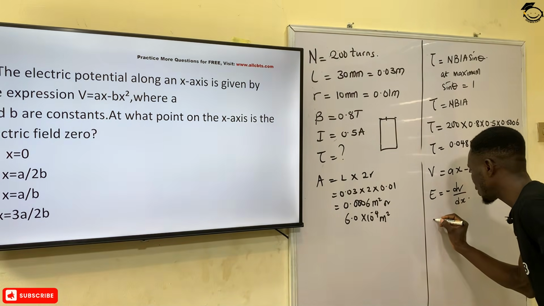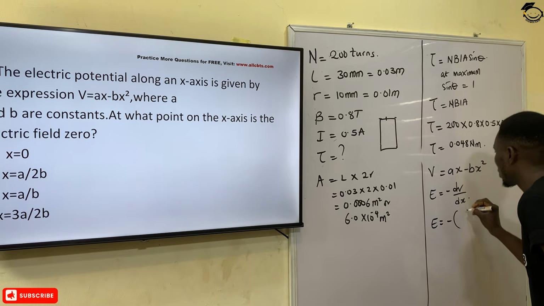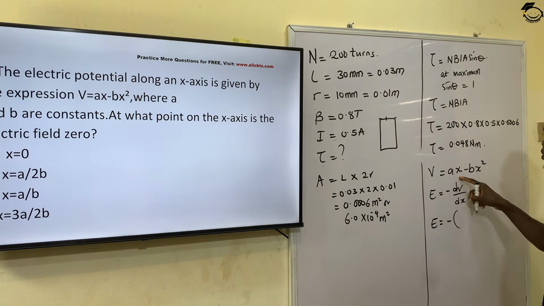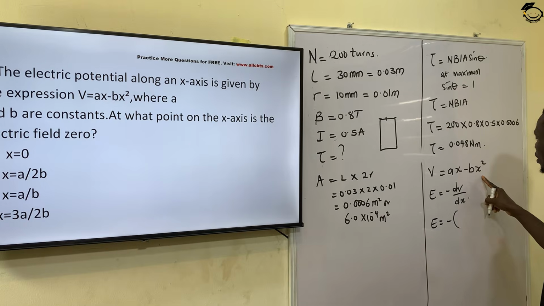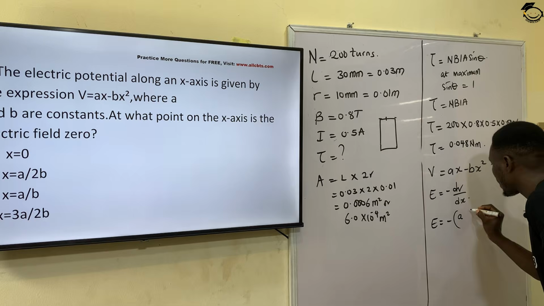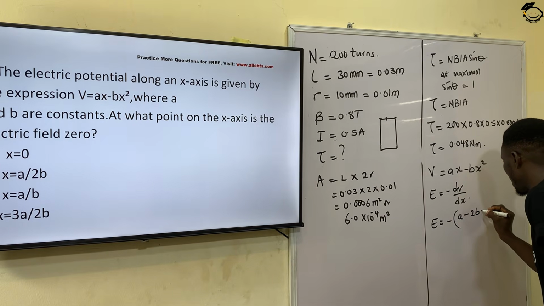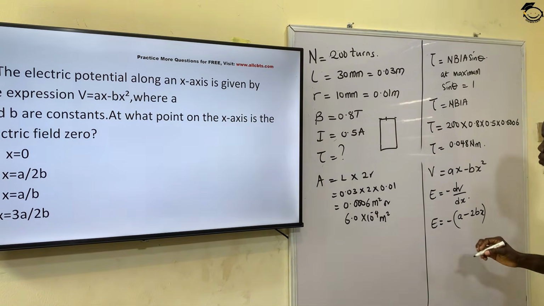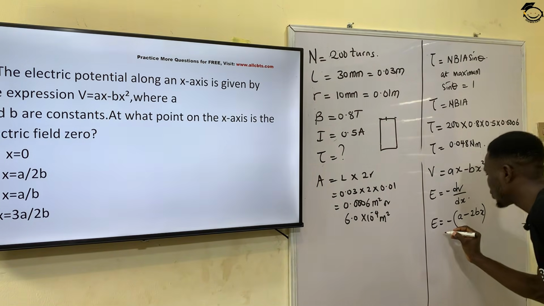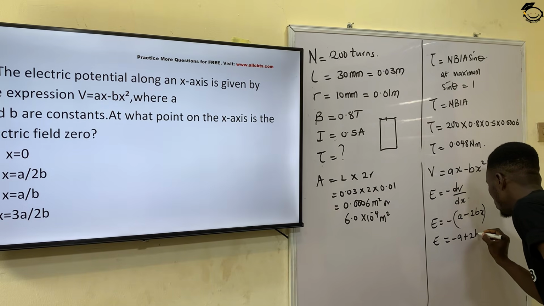If I differentiate what I have here, dV in terms of x, I'm left with A minus 2bx. So my electric field is equal to minus A plus 2bx.